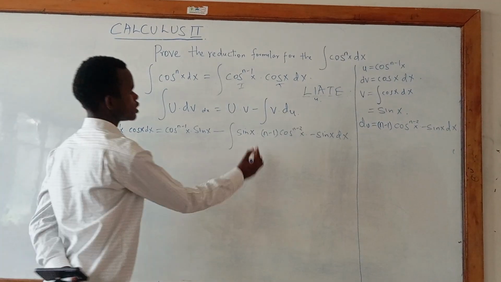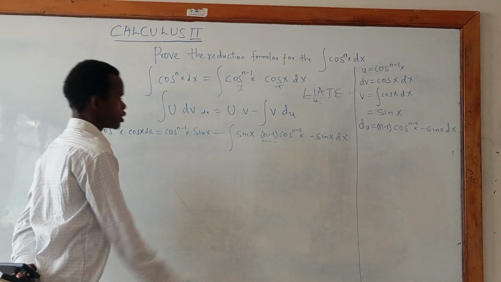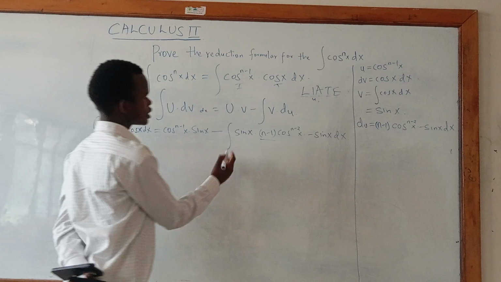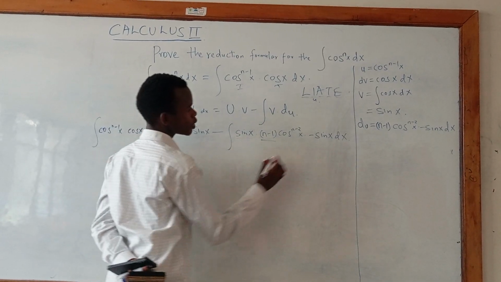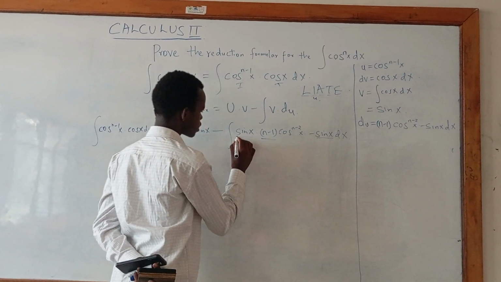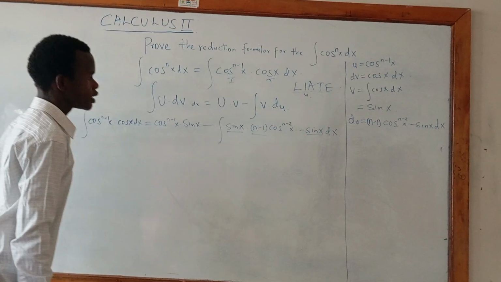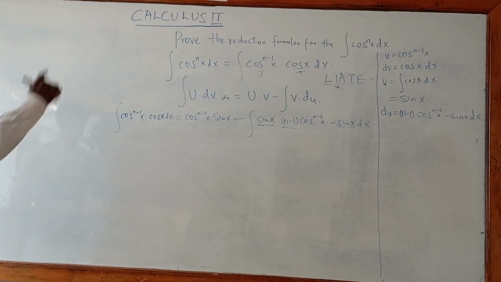These are constants, so take them outside the integral. Sine of x multiplied by sine of x is sine squared of x.